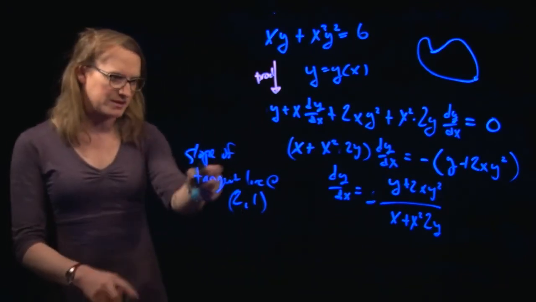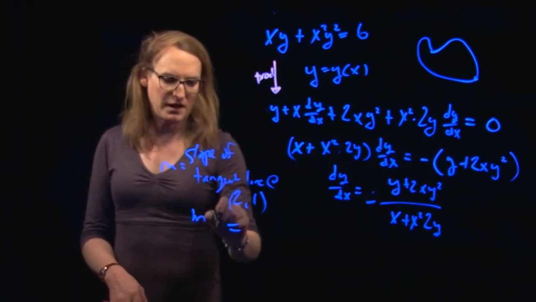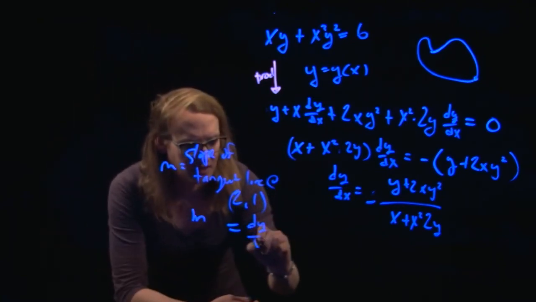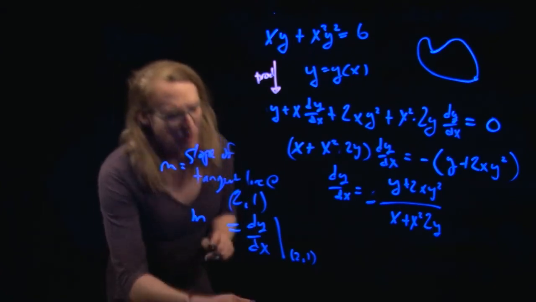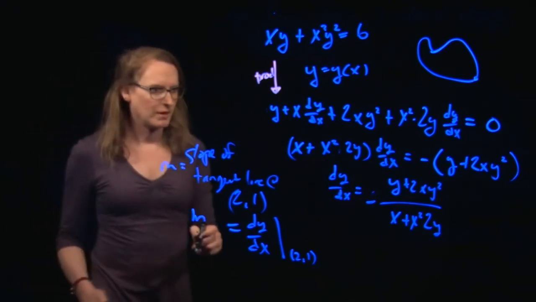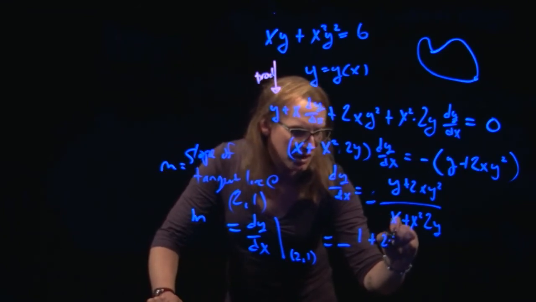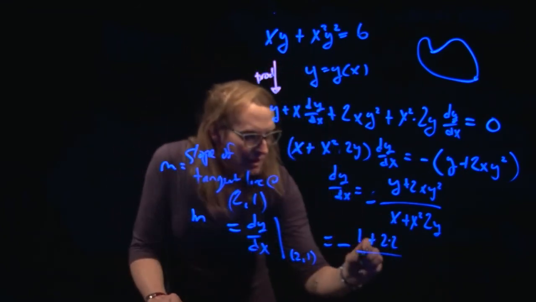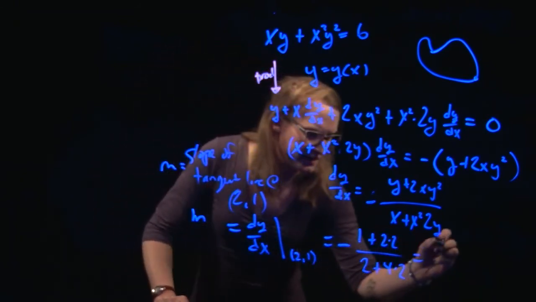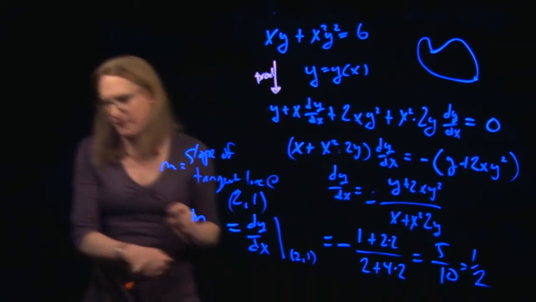And all we have to do to get the slope of this tangent line is take this expression and plug it into this expression. So that's dy dx evaluated at 2, 1, which is equal to minus 1 plus 2 times 2, over 2 plus 4 times 2 times 1, which is 5 over 10, a half.